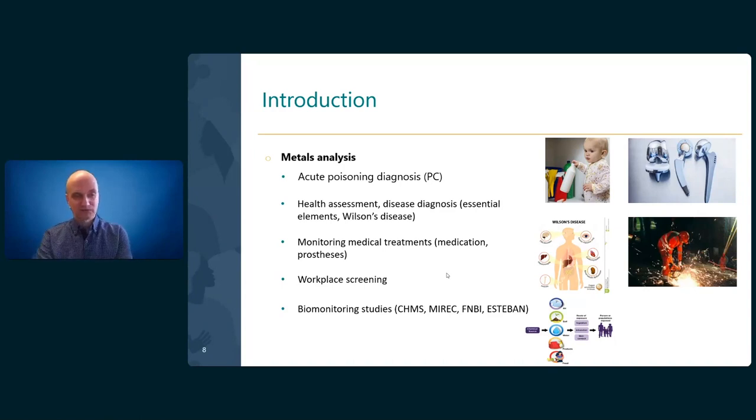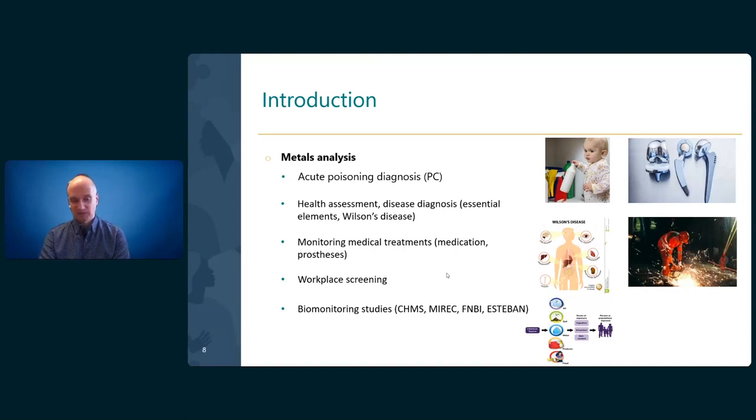But one of the biggest parts of the analysis we do here at the Toxicology Center is related to biomonitoring studies. The most important in terms of number of samples we're analyzing, 1,000 per year, is the CHMS study, which is the Canadian Health Measures Survey, which is now at the 7th cycle.